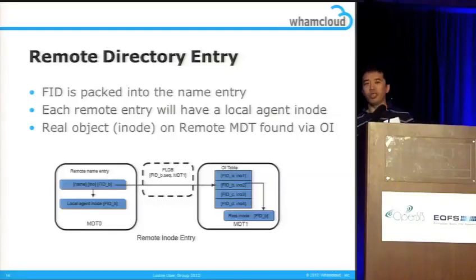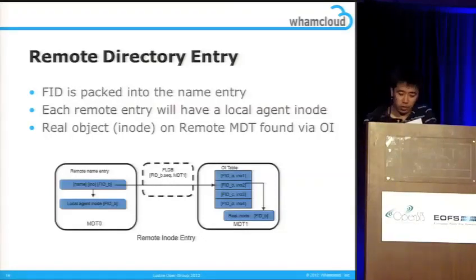Next slide is about how we store the remote entry on the disk layer. You can see the FID is stored inside the entry, which points to the object on another MDT.